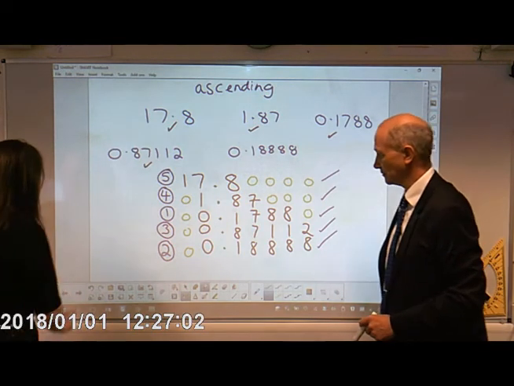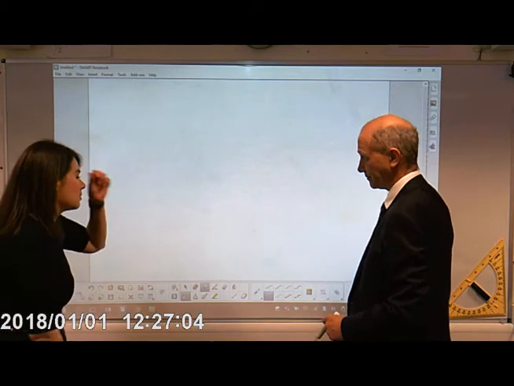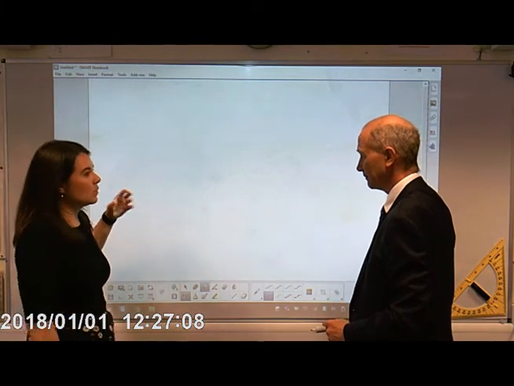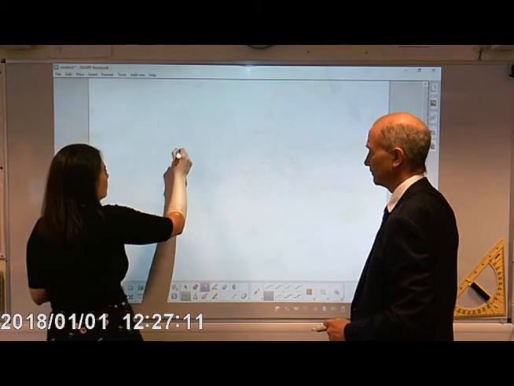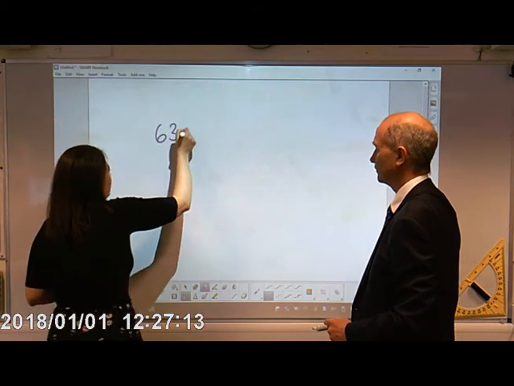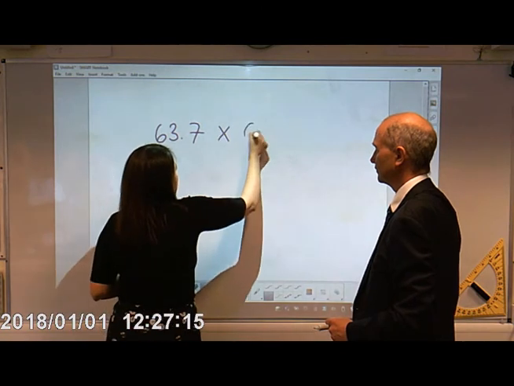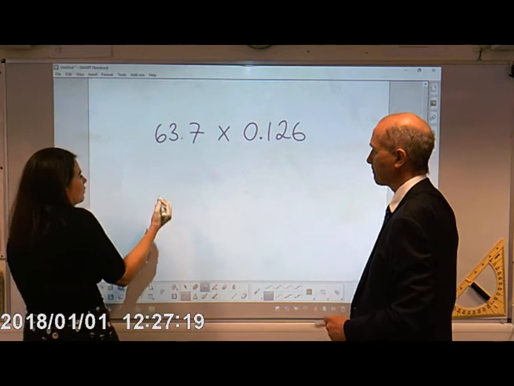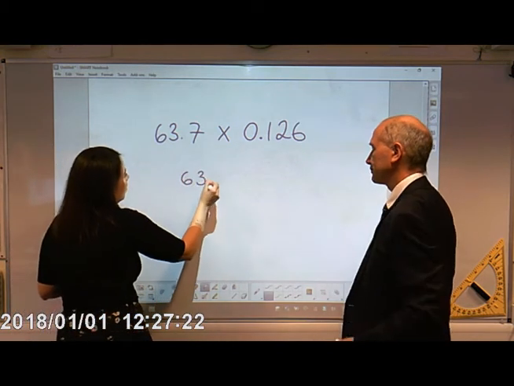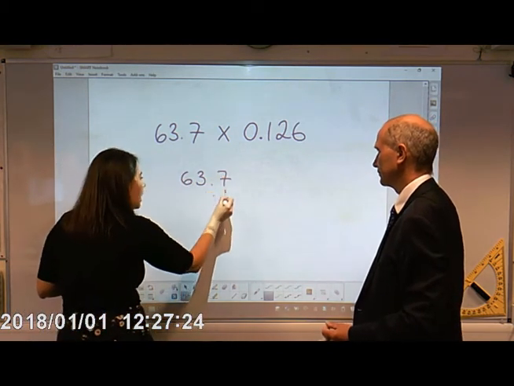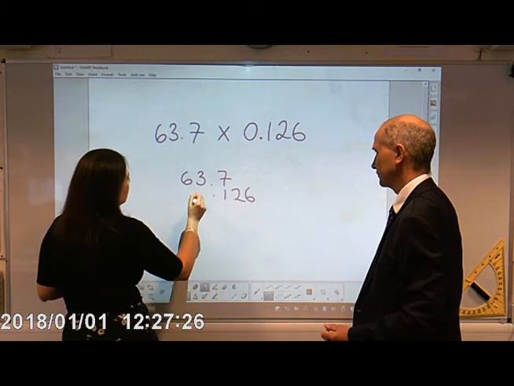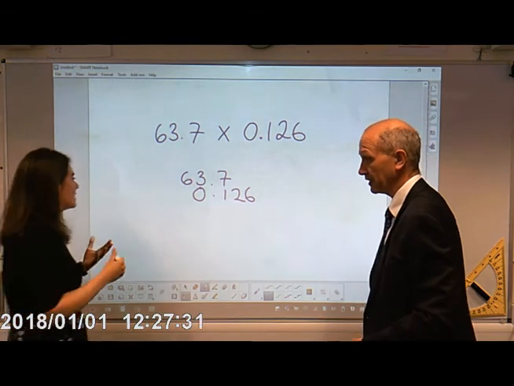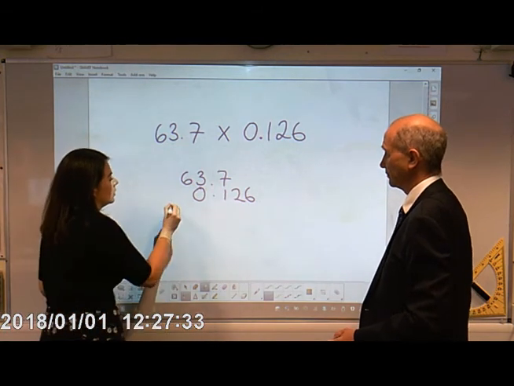When it comes to place value, we've already covered multiplication and subtraction and addition and division, but that is also important. When we were doing, let's say, 63.7 times 0.126, it was really important when you're using column method that you line up your decimals, when you're multiplying, or adding, or subtracting.